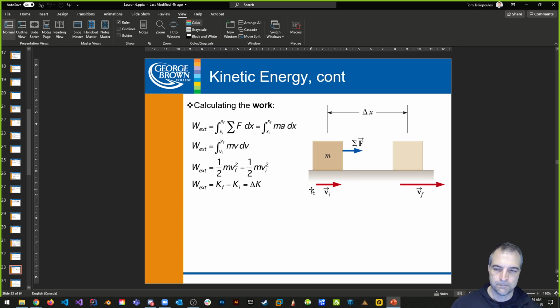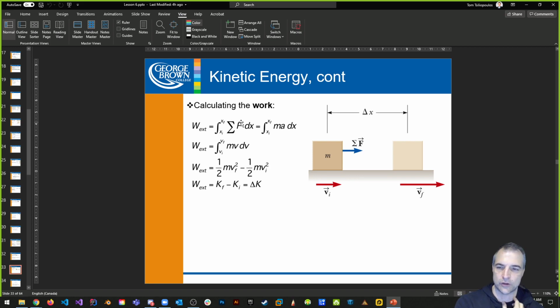So here's how kinetic energy works. If we want to calculate the work done, then we can say that work external is the integral between the initial position and the final position of the sum of all forces across the x-axis.